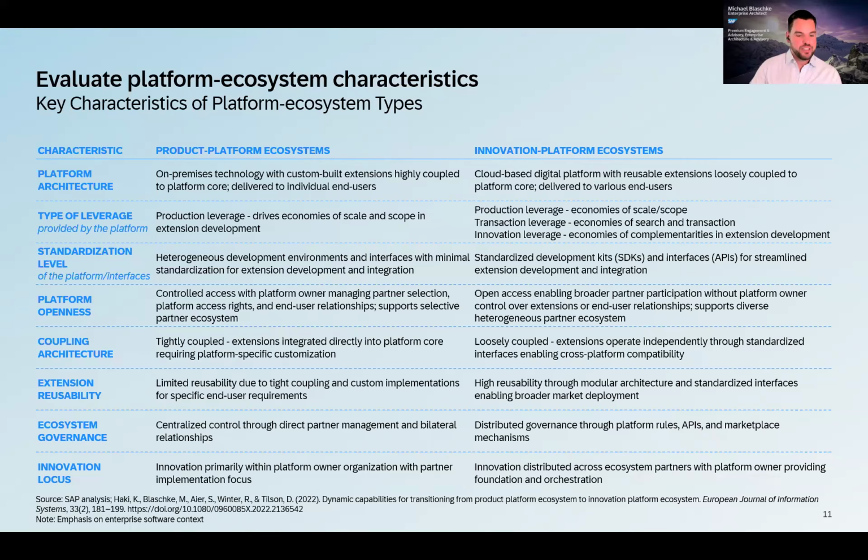So this is where the generativity I introduced earlier sits and emerges, as the innovation locus is distributed across ecosystem partners and not only the platform owner organization.